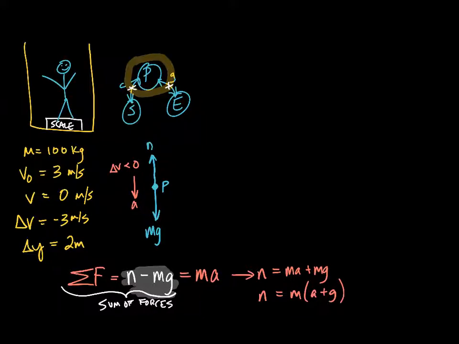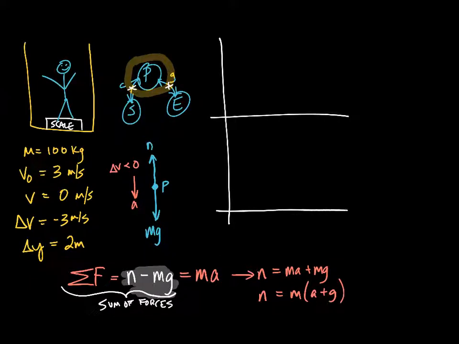So we make one big axis here. Here's time, here's speed. Actually, I'm going to move my axis here, since I know it's a negative.